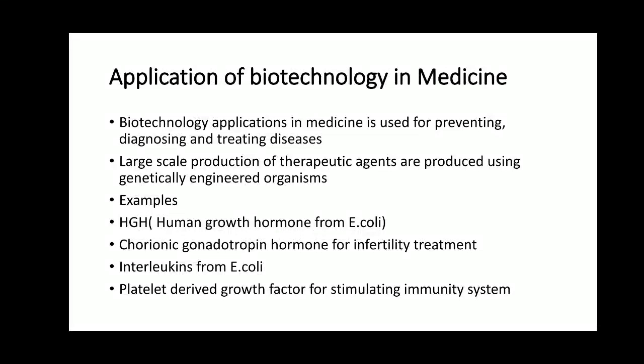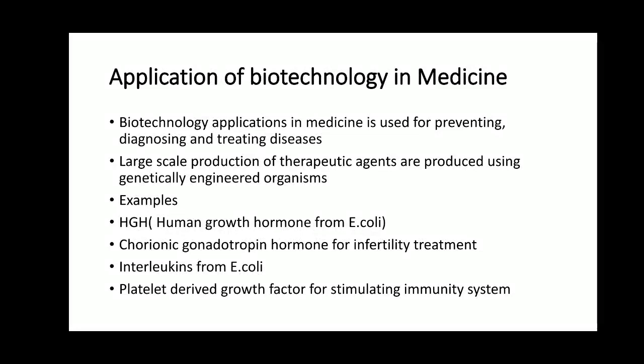Let us see some of the therapeutics or medical biotechnology products that help in the treatment of diseases. Examples include HGH, the human growth hormone, which is produced from E. coli cells via genetic engineering and used for treatment of dwarfness.